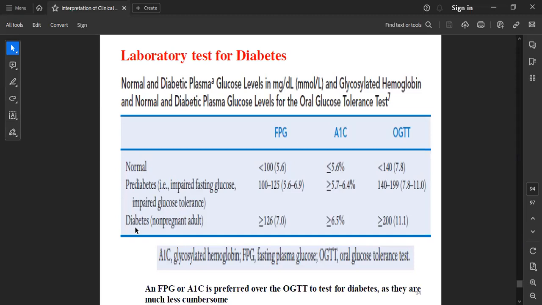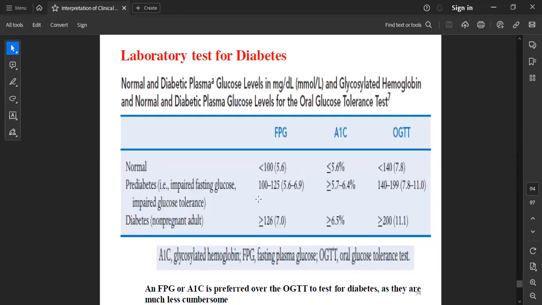And then the OGTT, the oral glucose test, where you're given glucose in water to drink, and then you wait and they test your blood. The value should be below 7.8.